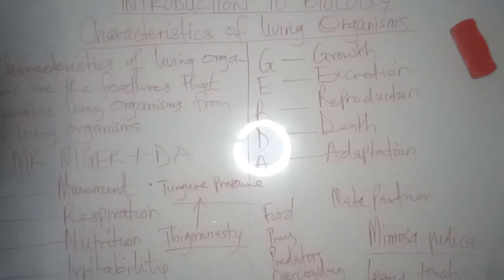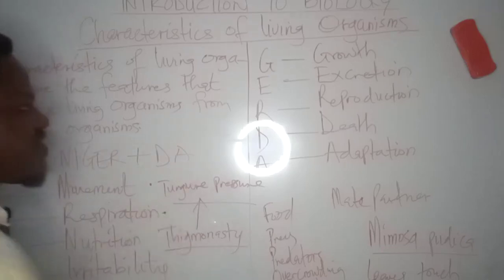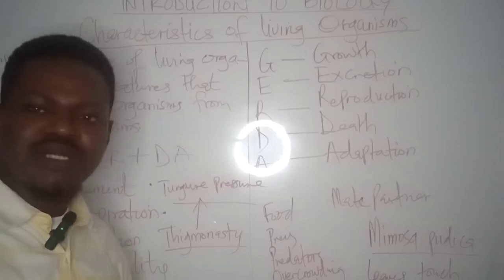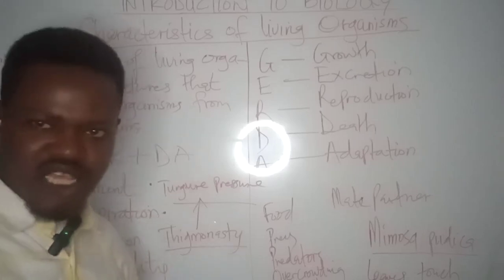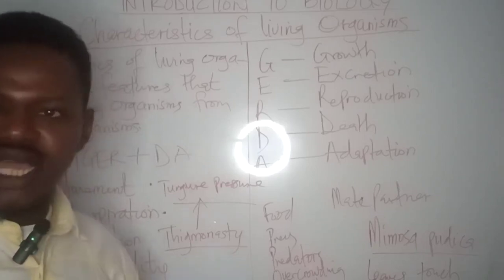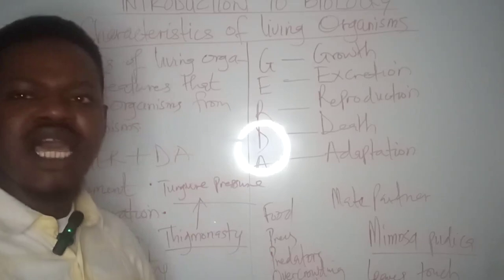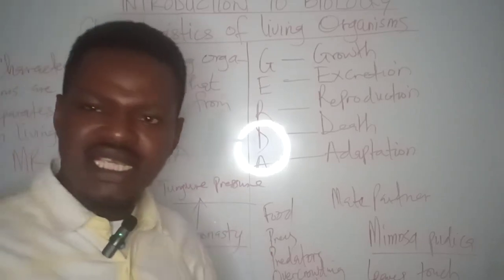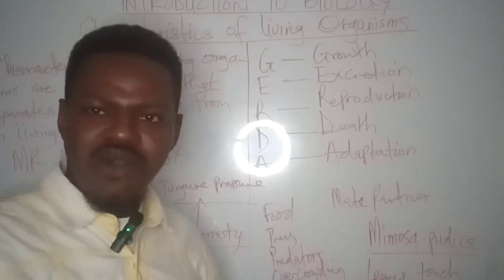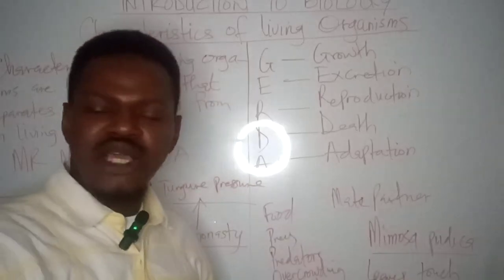All right, the next feature we shall be looking at is respiration. Respiration here is simply the oxidation or the burning of food substances in body cells to release energy. Oftentimes, living organisms use oxygen to burn food in their system to release energy, and this is called aerobic respiration. But there are a few cases where some organisms are found in oxygen-deficient environments, like bacteria in the human gut, bacteria at dump sites, and bacteria at the ocean floor.